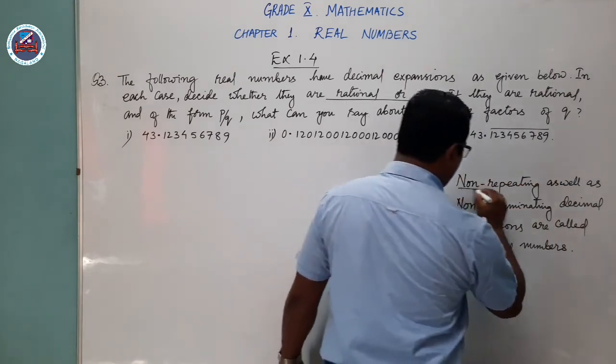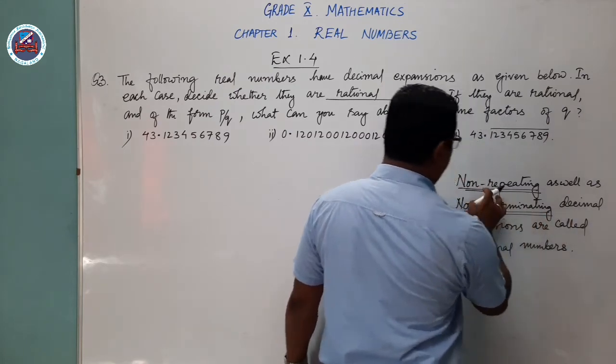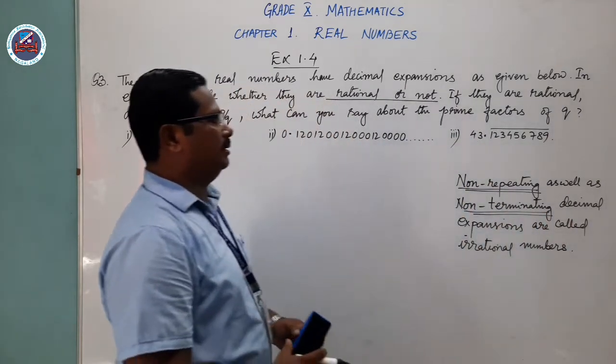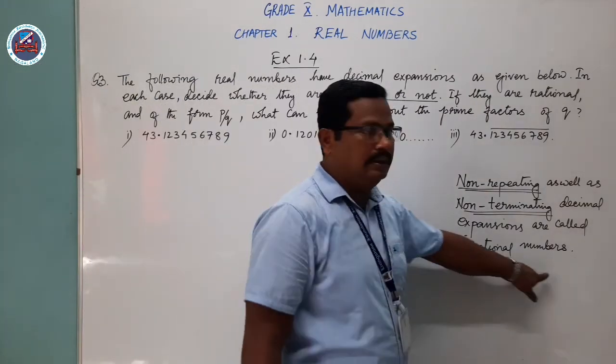So it should be both non-terminating as well as non-repeating. Then that decimal representation will be called an irrational number.